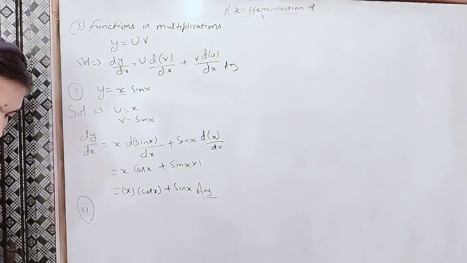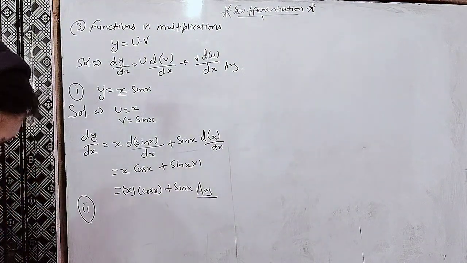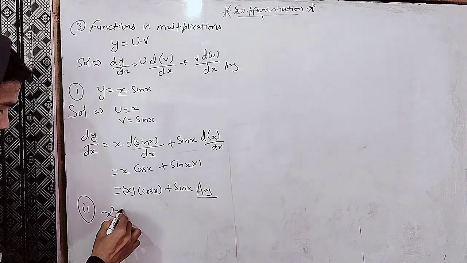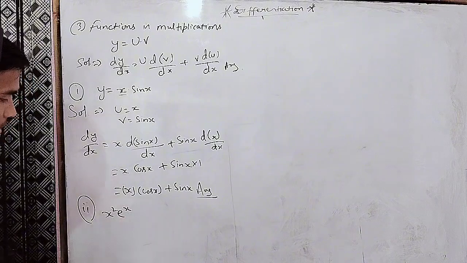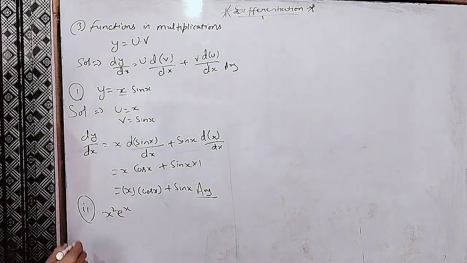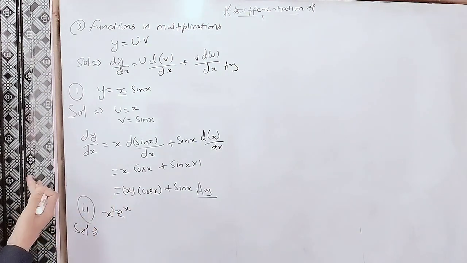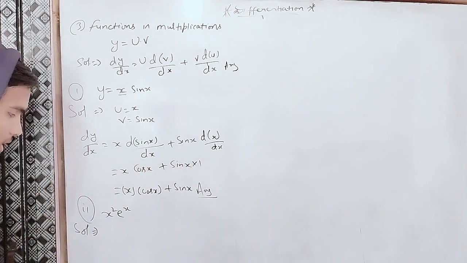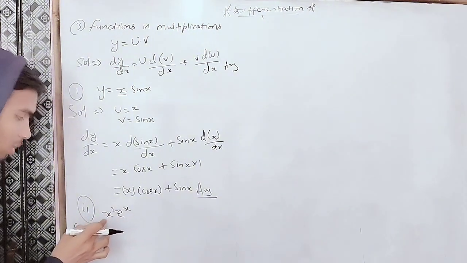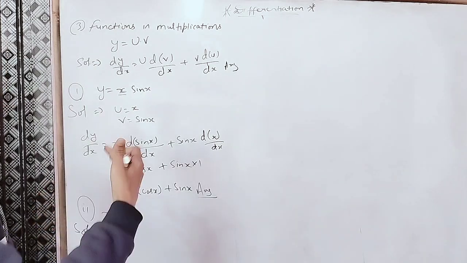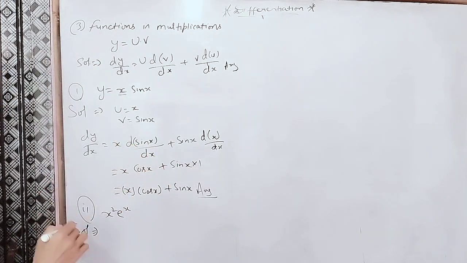Let's take a second question. Second is x square e raised to the power x. So x square into e raised to the power x. U into v. U is x square and v is e raised to the power x.